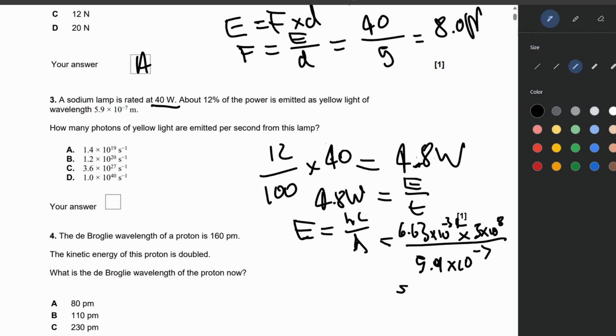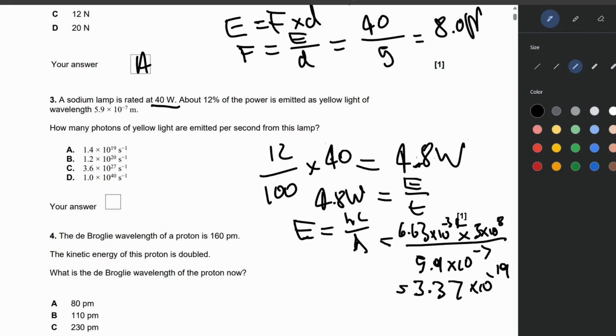Okay, so I got 3.37 times 10 to the minus 19. Okay, so that's the energy.